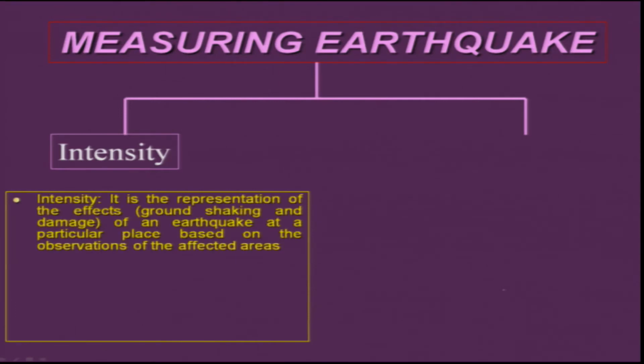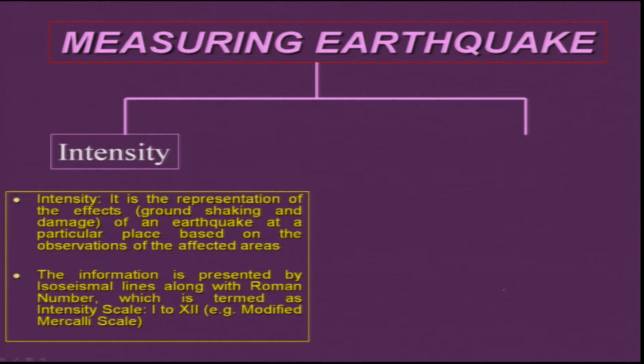Intensity is the representation of the ground shaking and related damage at a particular area. During an earthquake, an area will experience damage, and depending on how it varies as you move away from the epicentral area, intensity maps are generated.